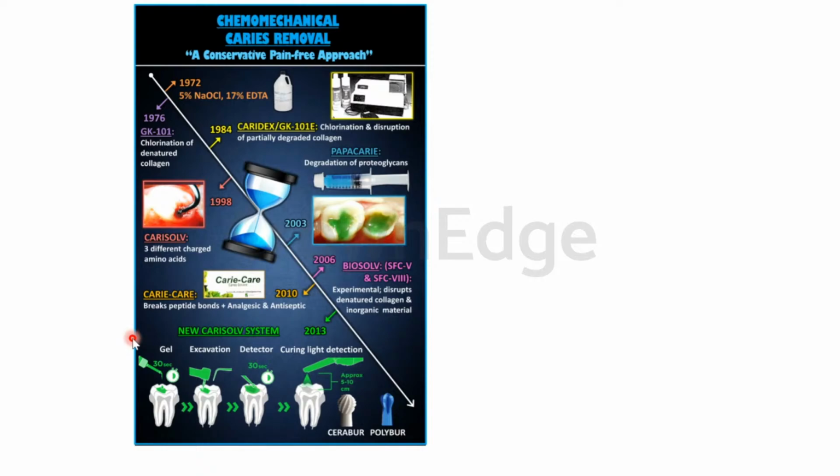Then we have 1976, GK101, which was introduced. This was by Goldman and Kronman, who decided to incorporate that sodium hypochlorite, what they used earlier. They put that into a buffer solution. That buffer solution is known as Sorensen's buffer. All right. Remember the name, it's called Sorensen's buffer.